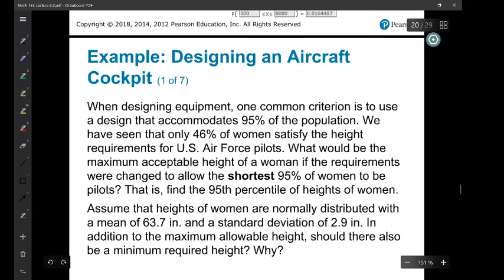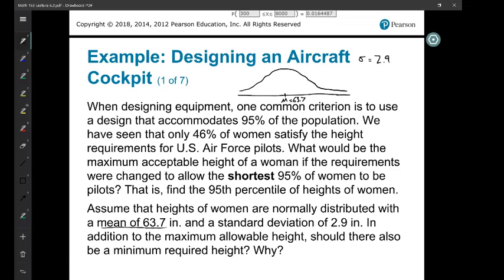So there's going to be some normal distribution that tells us the probability for given ranges of women. It's telling us in the problem that the mean height of a woman is 63.7, and the standard deviation in heights of women is 2.9 inches.